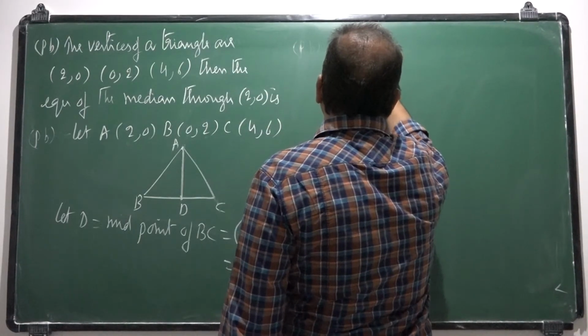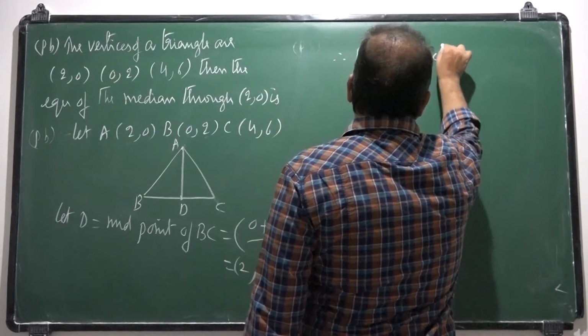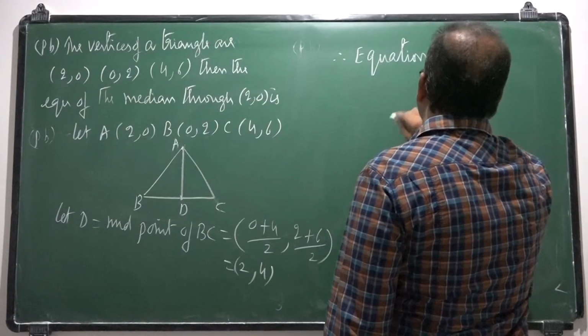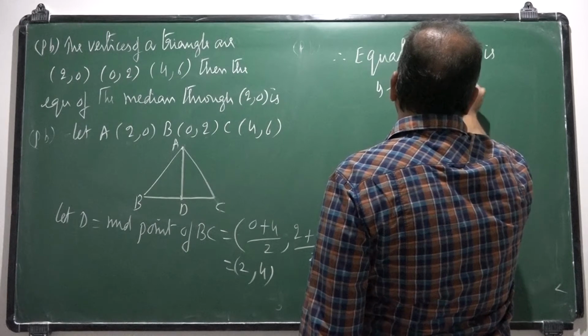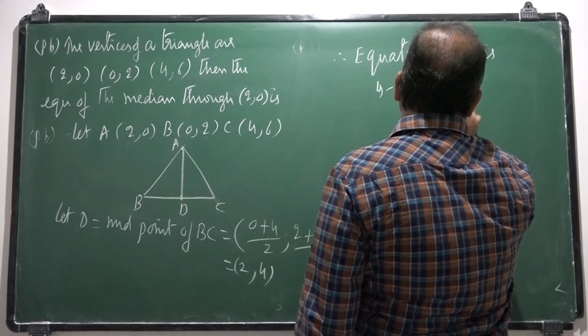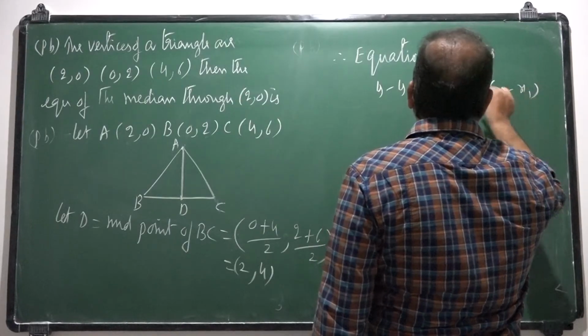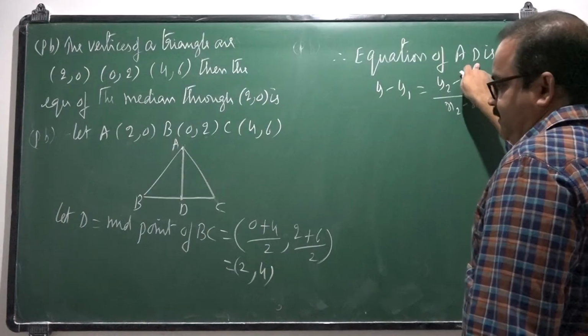Therefore, equation of AD is y minus y1 is equal to, take A as x1 y1 and D as x2 y2.